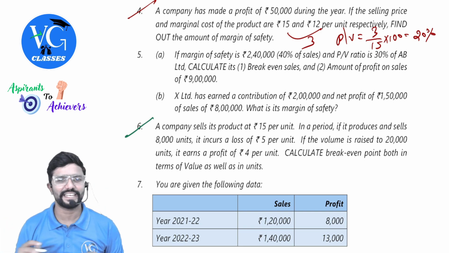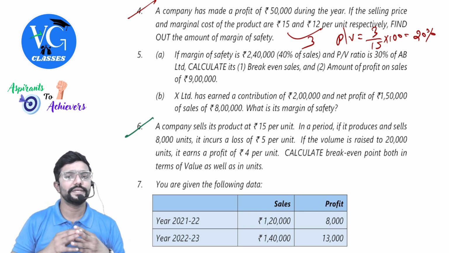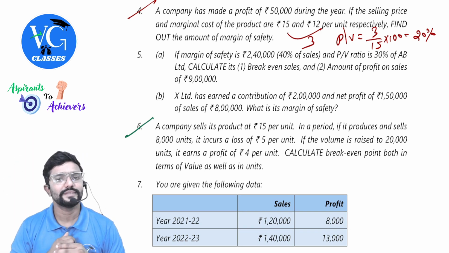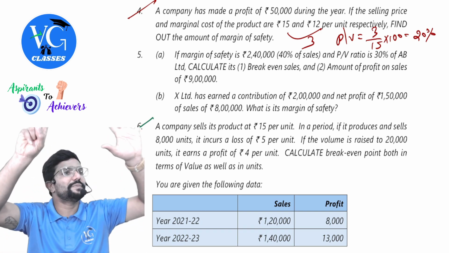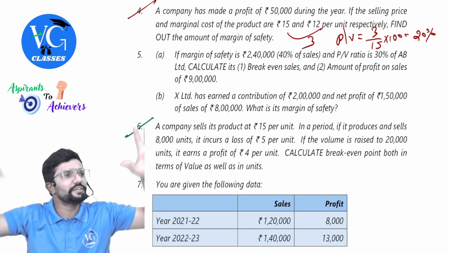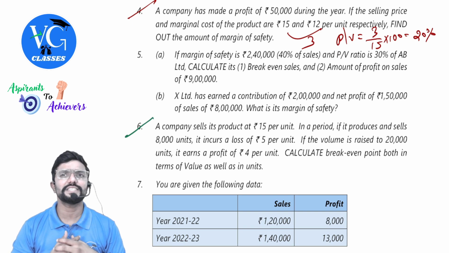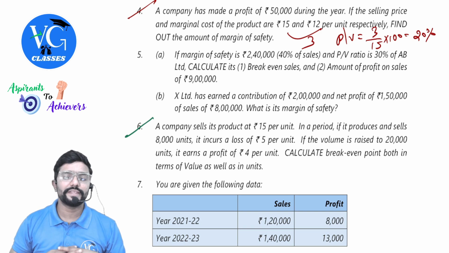Guys, quick calculation. Okay, listen here. Margin of safety is 2,40,000, 40% of sales. So 2,40,000 divided by 40% is 6 lakh. Now, how much is break-even sales? 60%, correct? So 6 lakh into 60% is 3,60,000. Got it? Yes, sir. Now coming to profit, they are asking.